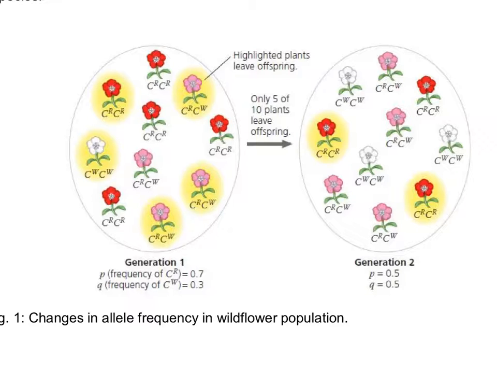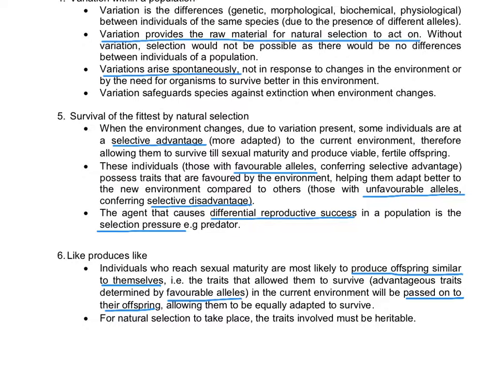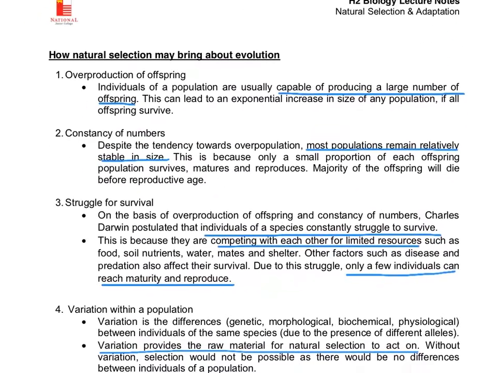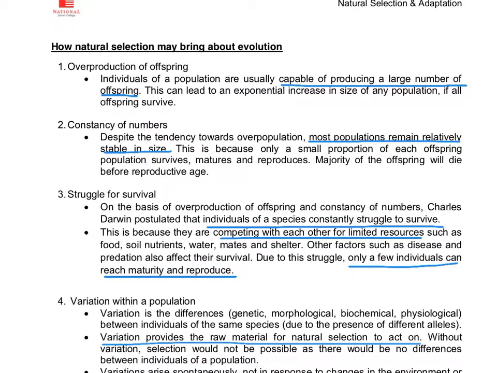If you notice, from generation 1 to generation 2, the frequency of allele P has decreased and the frequency of allele Q has increased. There's nothing for you to understand here. I'm just trying to bring in the concept of allele frequency. If you're ready, we are moving to the process of natural selection.